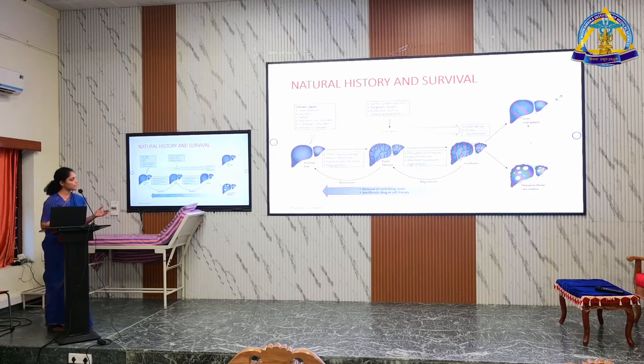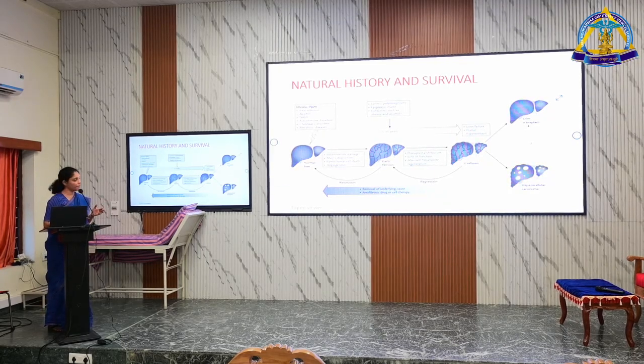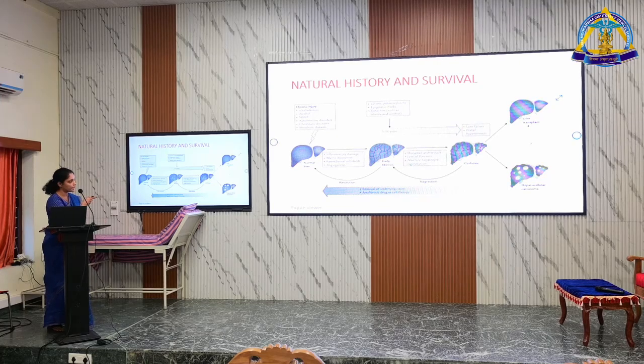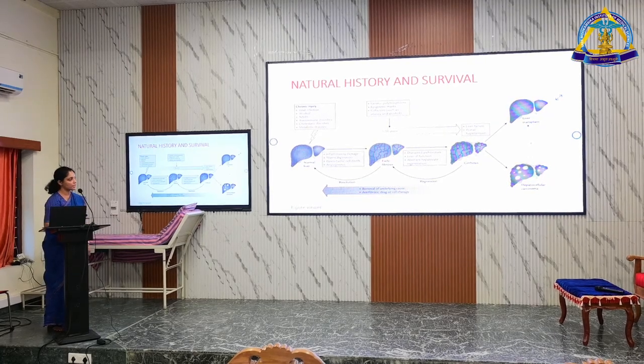That means the fibrous septae will develop early, but the liver is not yet cirrhotic. Ultimately, if the insult goes on, you can see lower down that there is a chance for resolution if we intervene, like if we treat hepatitis B or C at this stage, with early detection, there is always a chance for resolution.